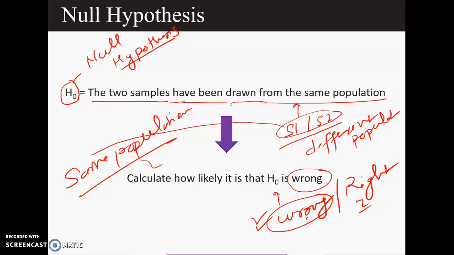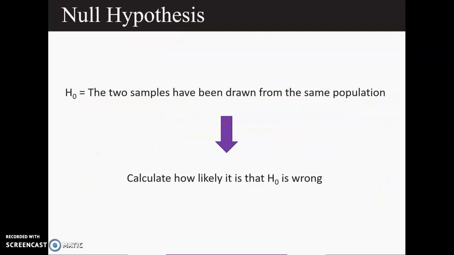Another example I will give to make you understand what is the meaning of H0 and HA. Suppose there is a person, let's say his name is David.